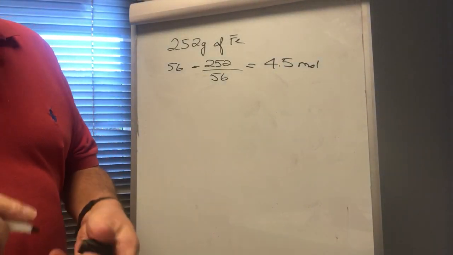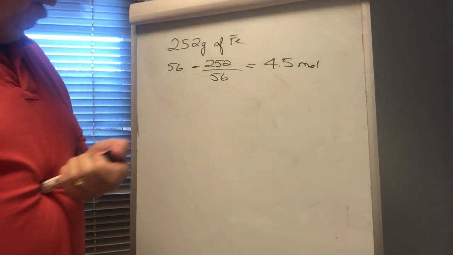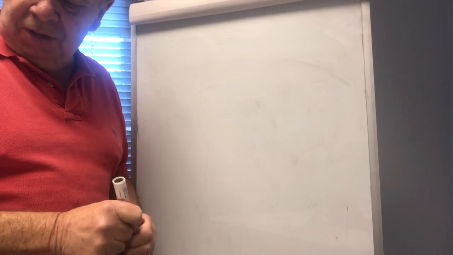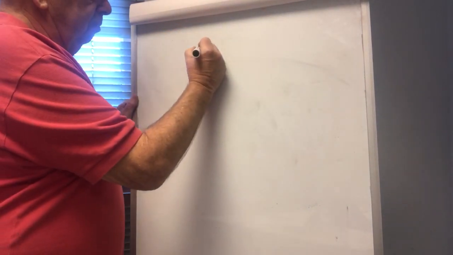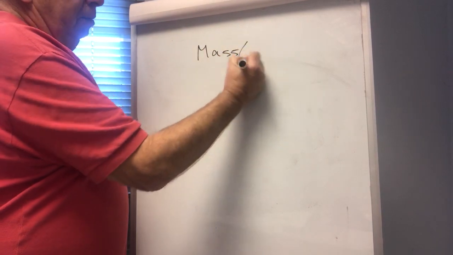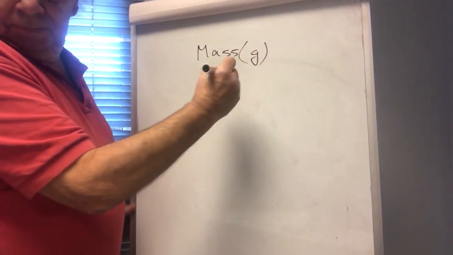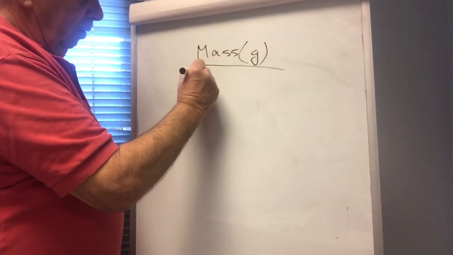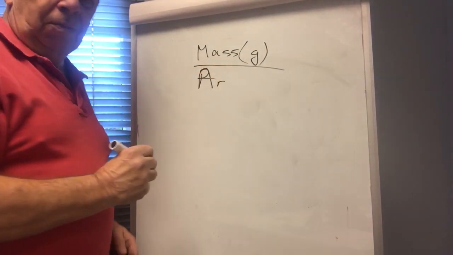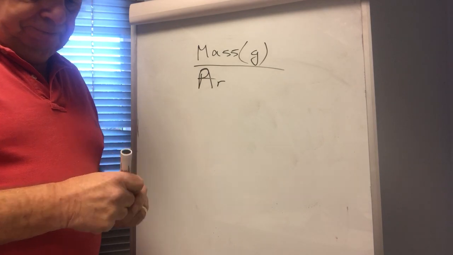So, in general, we calculate the number of moles. It hasn't got any units. It's the mass in grams divided by the relative atomic mass.